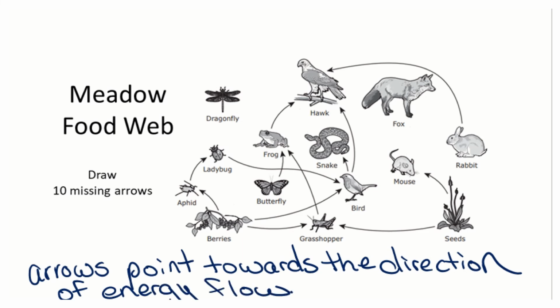In other words, they are pointing at how the energy is flowing from one organism to another. So in this case, we see that the seeds would be the producers, and the energy from the seeds is flowing in the direction towards the grasshoppers when the grasshoppers are eating it.